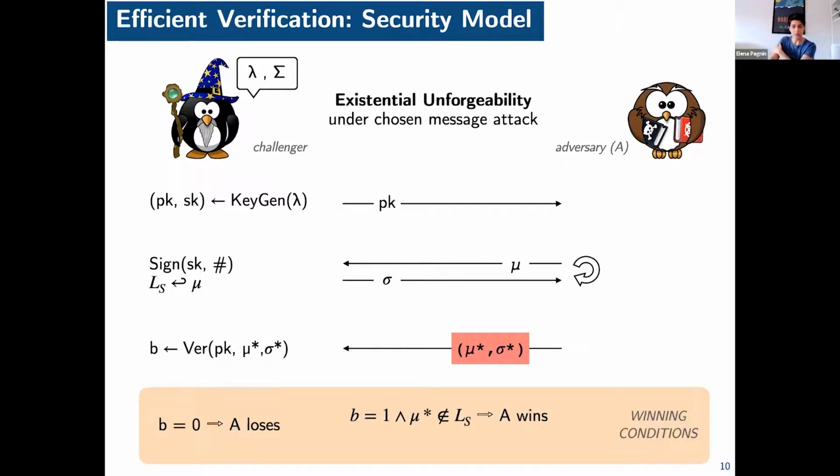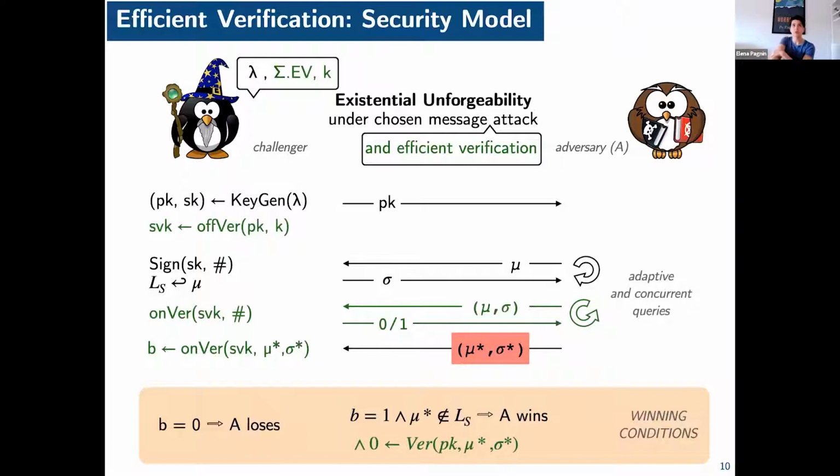This is the standard notion. What we do here for the efficient verification is add efficient verification queries. We let the challenger know the sigma, the digital signature, and the way we want to implement efficient verification. The challenger also needs to know K, which is a confidence parameter that I choose when I run the offline verification.